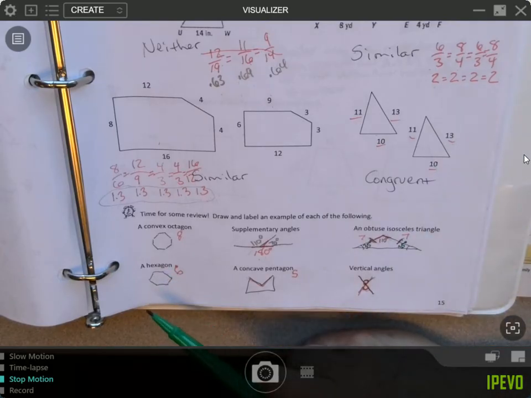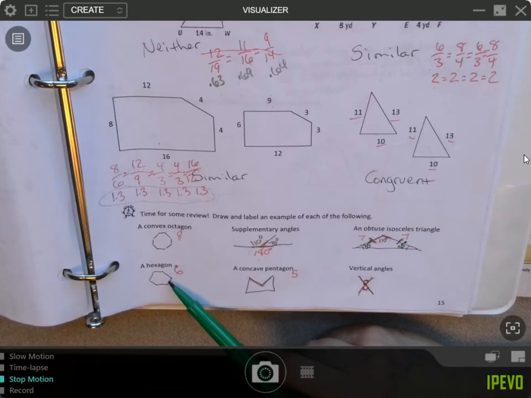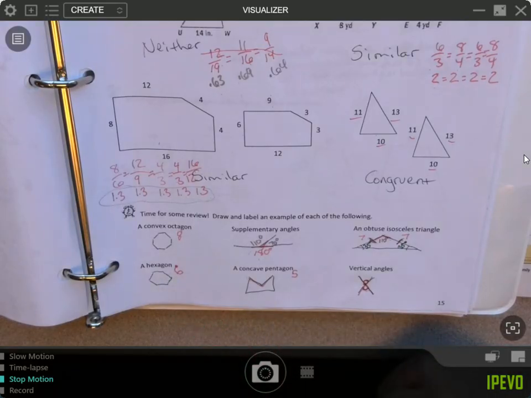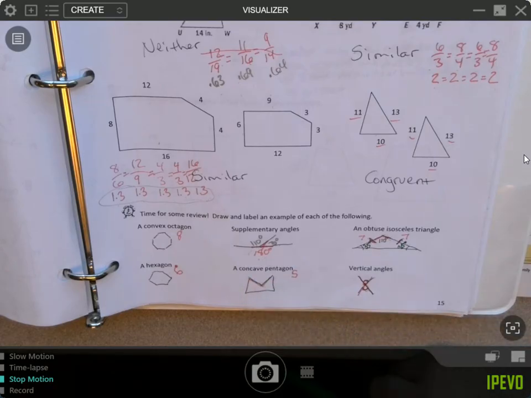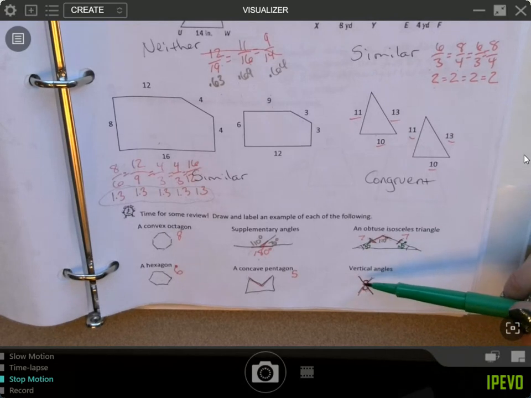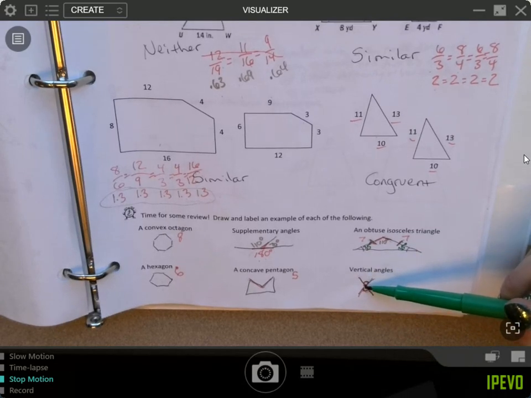A hexagon is 6 sides. So any figure that you drew that had 6 sides, none of them curved, and it had to be closed. Concave pentagon, 5 sides. And over here, you have to have one side caved in. And vertical angles, remember, they share that vertex.